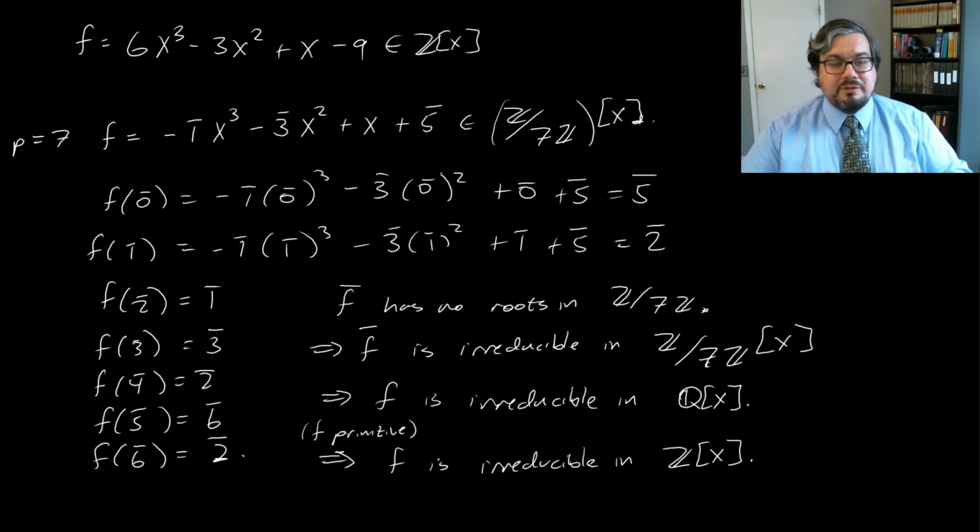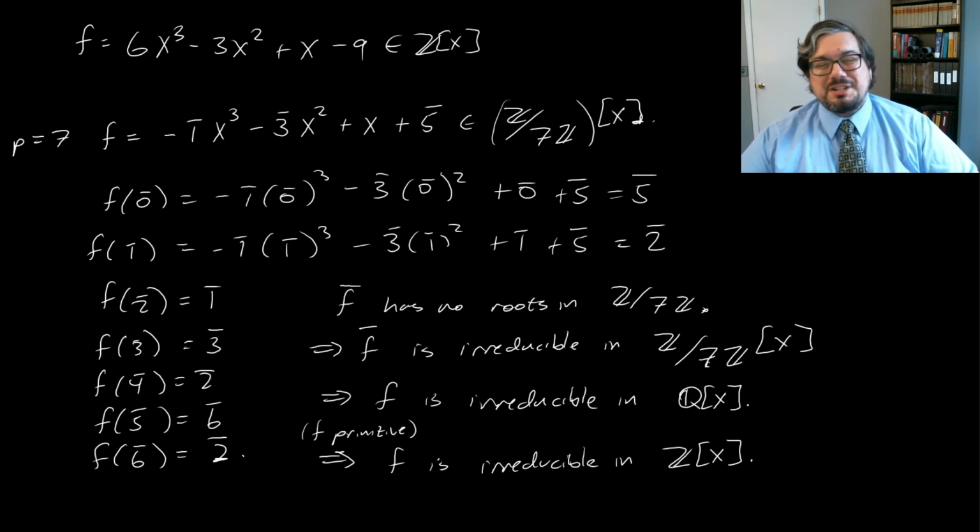So a reasonable question could then be, is there a way to automate this, to use this as a way of checking any, say, degree 3 polynomial over the integers for reducibility simply by reducing modulo a bunch of primes? And unfortunately, that's not the case.